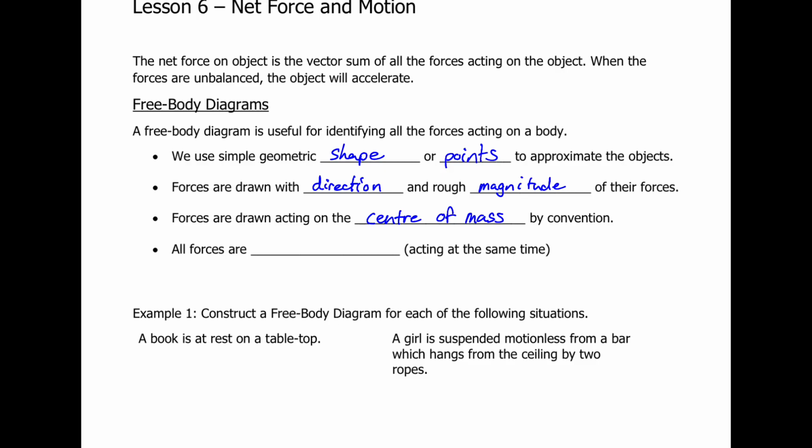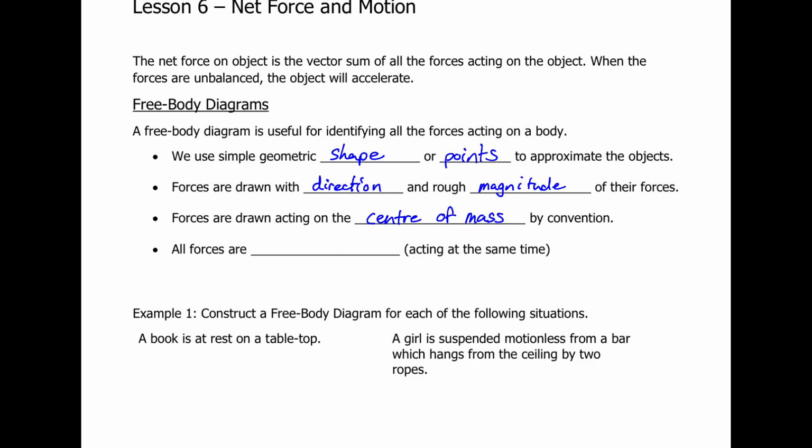So even though the rope is pulling on one side of the object, we're going to show it pulling from the center of the object. This just allows us to get our math right, even if it's less visually accurate. It's more mathematically accurate.